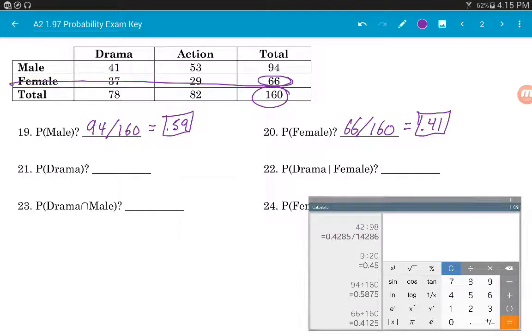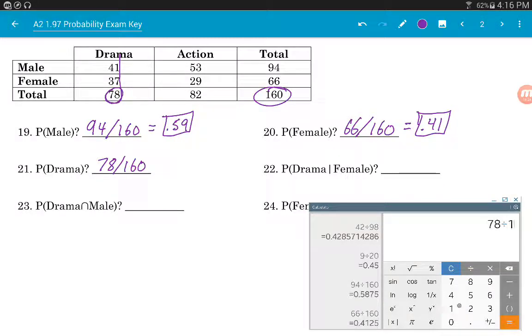The probability of someone preferring dramas. So how many people prefer dramas? 78. Out of how many? 160 total. And 78 out of 160 is 0.49.